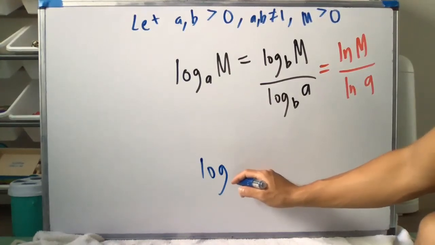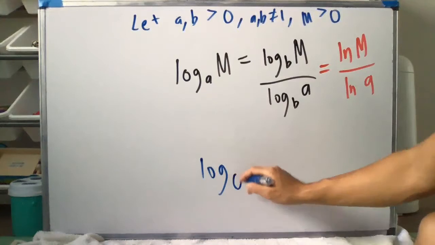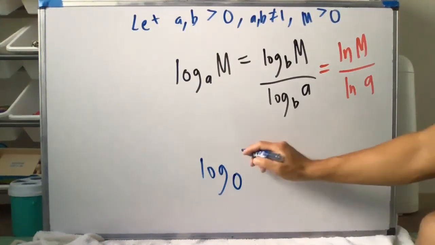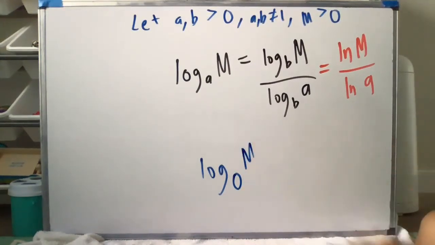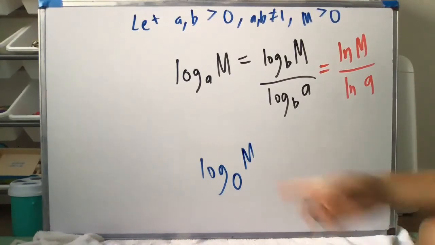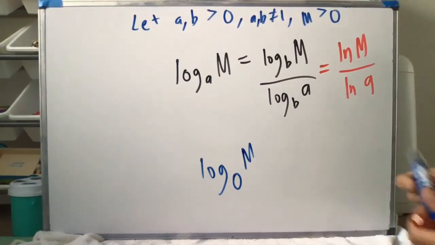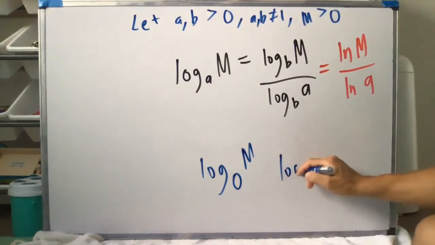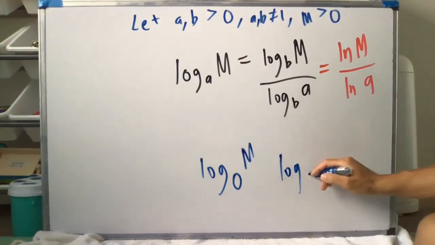Let's look at what's log base 0 as an example. 0 to what power is equal to M? Well, in general, it's not going to have a solution, right? Unless M itself is 0, then there's no way to get that. And in fact, if M is 0, then we say it's undefined, because what's log base anything of 0?